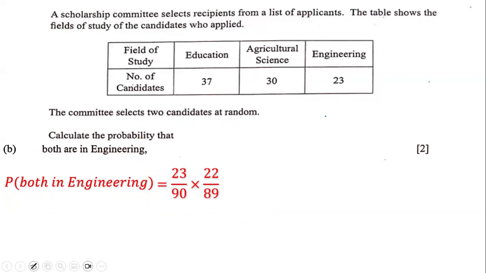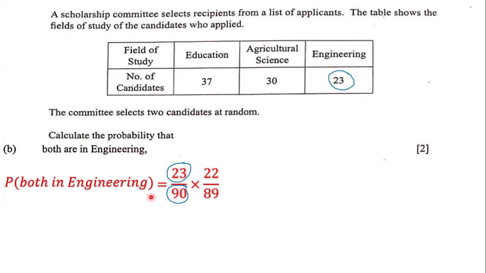There are 23 engineering students, and there are 90 candidates altogether. And so we have 23 over 90, because there are 23 candidates in engineering, and 90 candidates altogether.